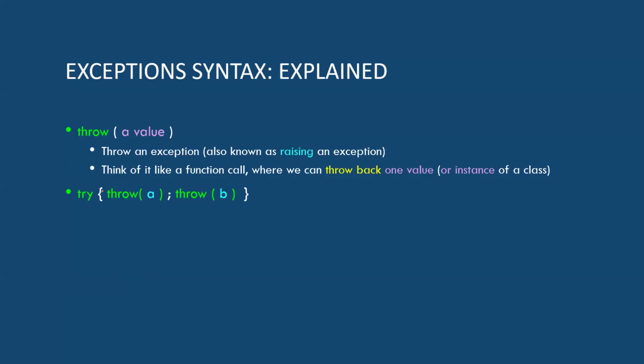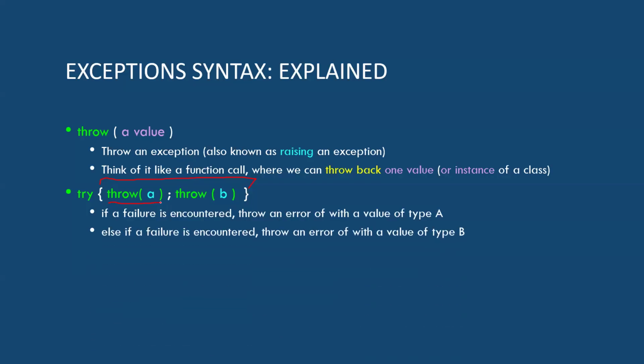Try is a section of our code where we think something might go wrong. If we think there might be a problem that we can't control, we put it inside a try block, right? So try, pair of curly braces, and then any situation that raises an exception needs to be caught by a corresponding catch block.